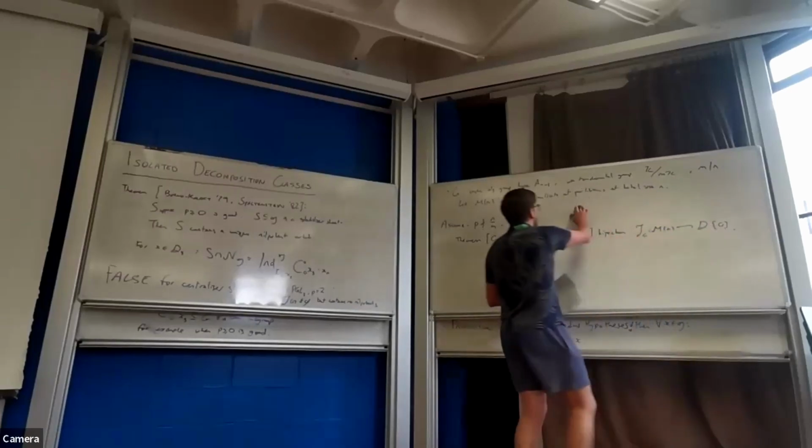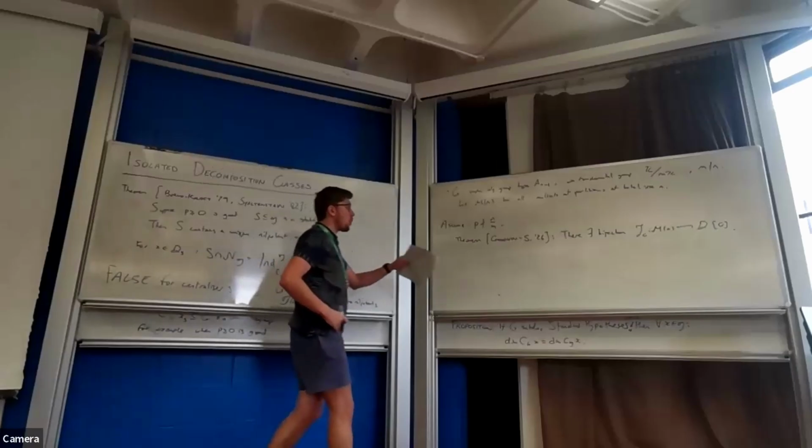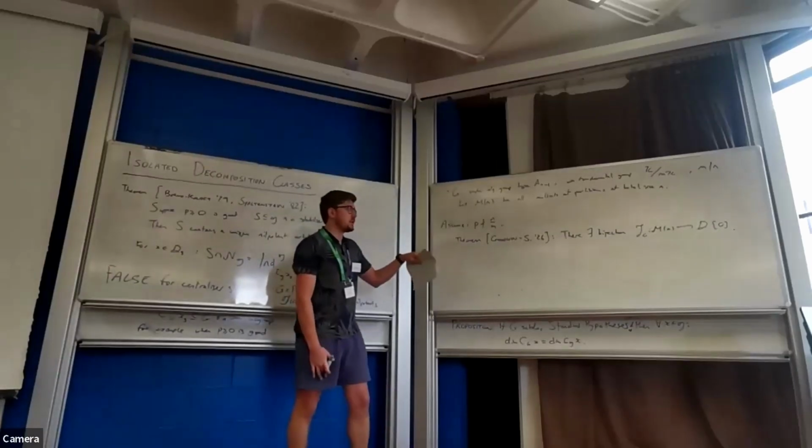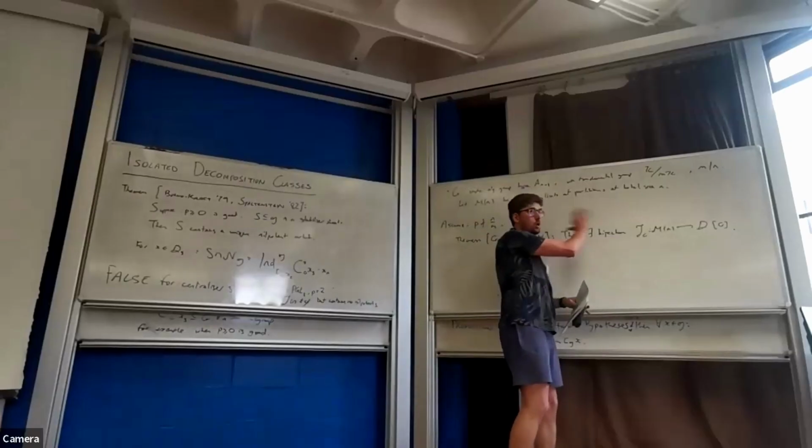So this combinatorial object completely parameterizes the decomposition classes, and moreover, it's nice in the sense that the closure order is very nicely described combinatorially.